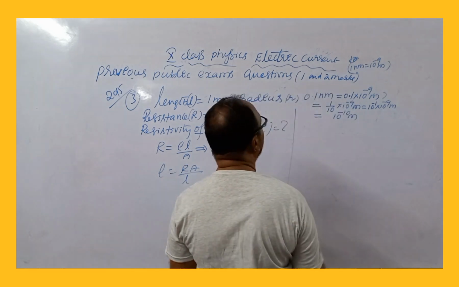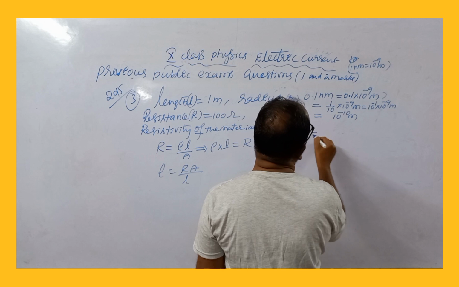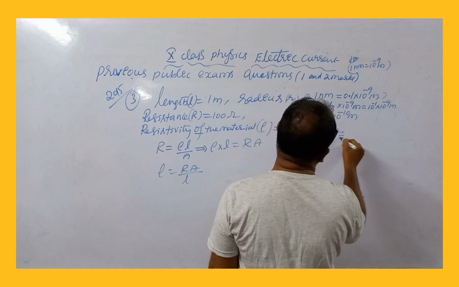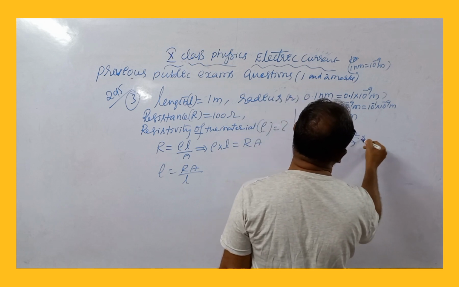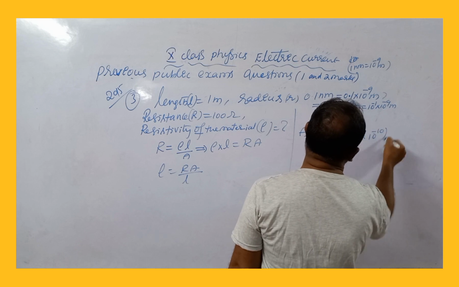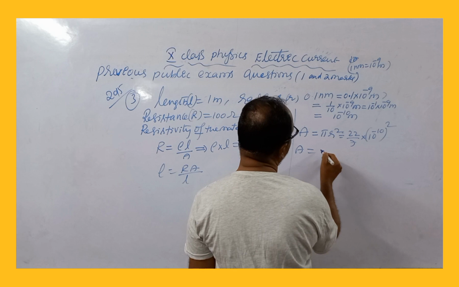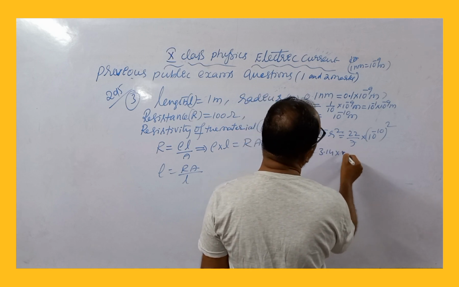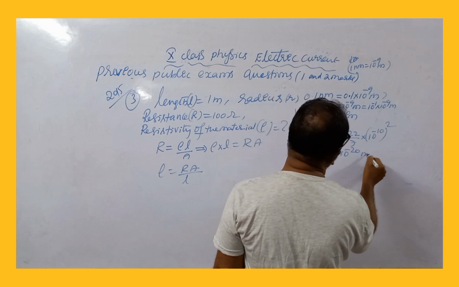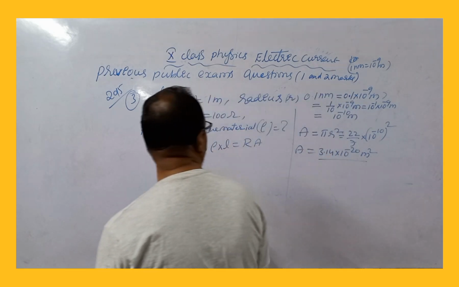Now we want to calculate area equal to formula pi r square. Pi means 22 by 7. R value is 10 power minus 10. R square means whole square. So 22 by 7 means 3.14, 10 power minus 20 square meter. This is area. Now substitute all these values.